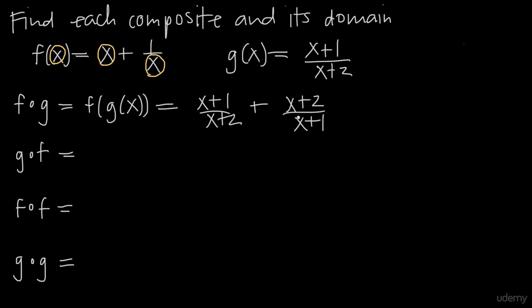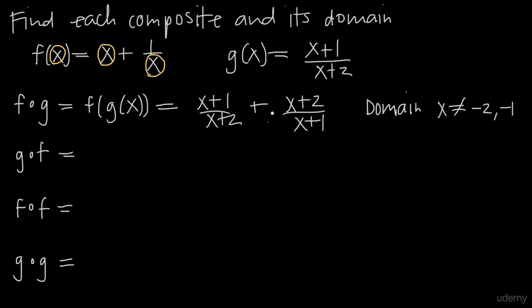And here, if x is negative 1, we get negative 1 plus 1 is 0. 0 in the denominator, we can't have that, so x equals negative 1 cannot be in the domain. So for the domain, we'll say the domain is all x not equal to negative 2 or negative 1.